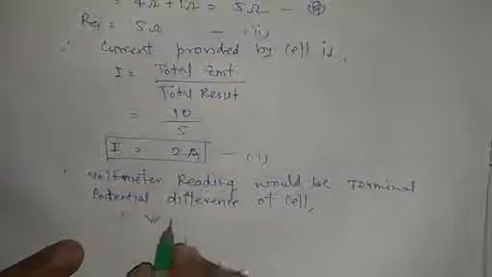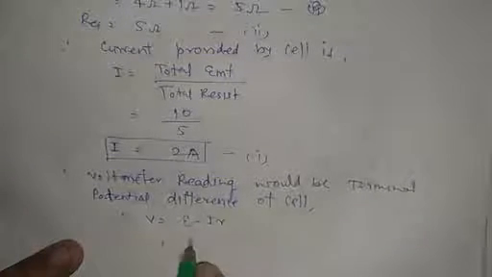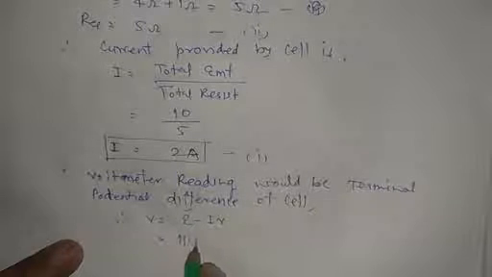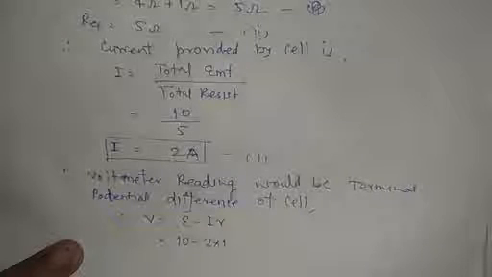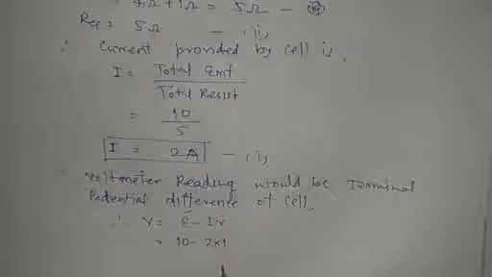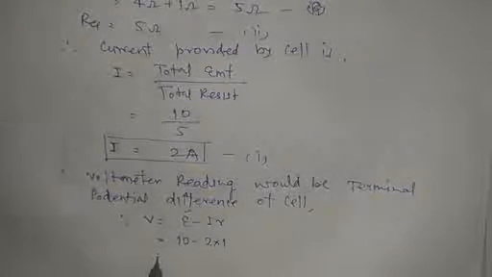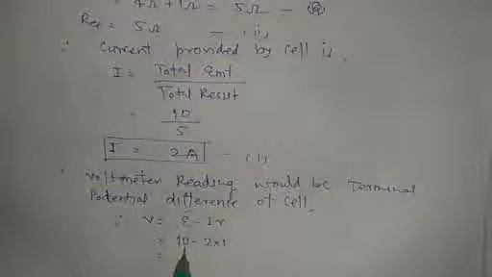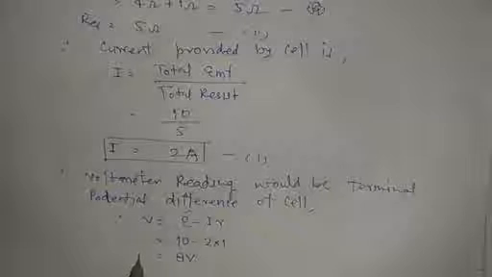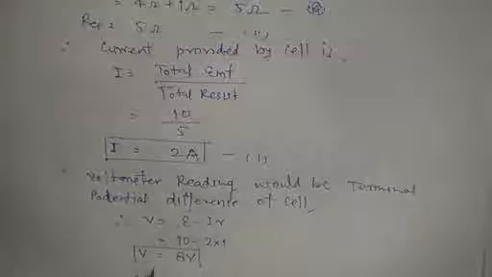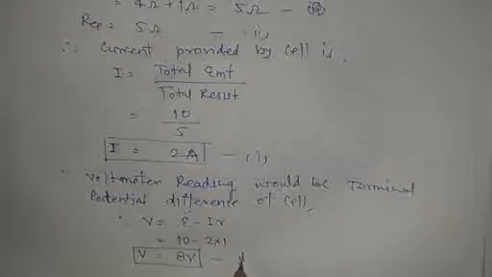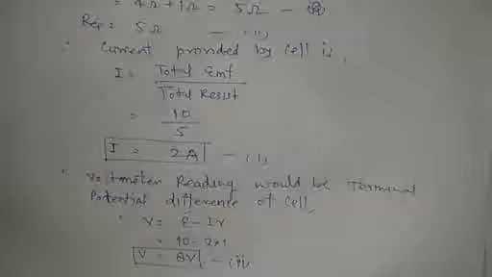Therefore, V is equal to E minus Ir, that is 10 minus 2 into 1, which is 8 volt. This is your voltmeter reading.